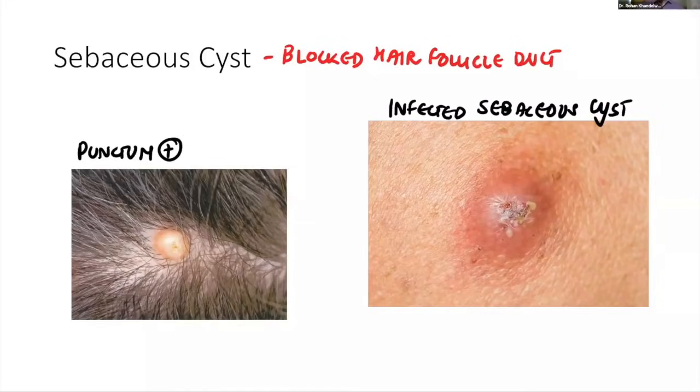This swelling was asked last time in the FMG exam, even in the PG exams, it's been asked multiple times. A sebaceous cyst is a blocked hair follicle duct. The classical finding in a sebaceous cyst is a punctum. And this is the punctum which you should look for, and that clinches the diagnosis. This is an infected sebaceous cyst. For both, the management is excision.